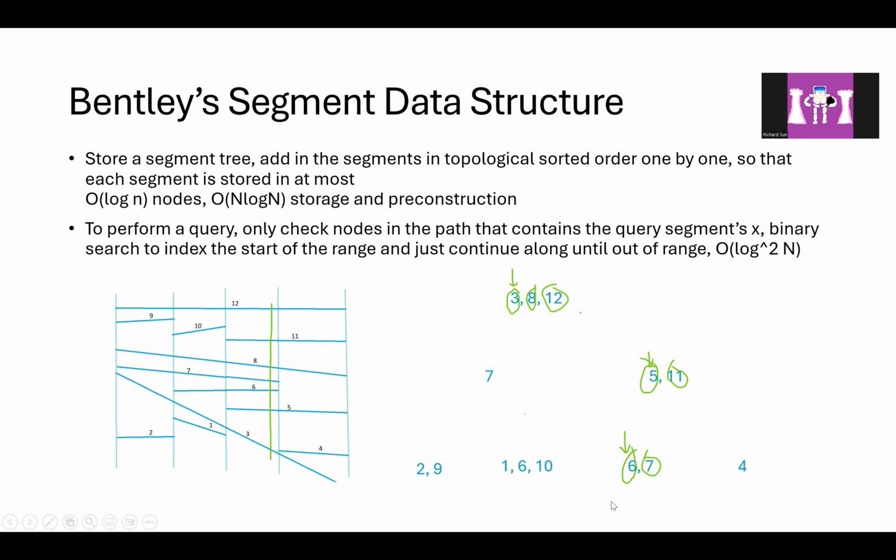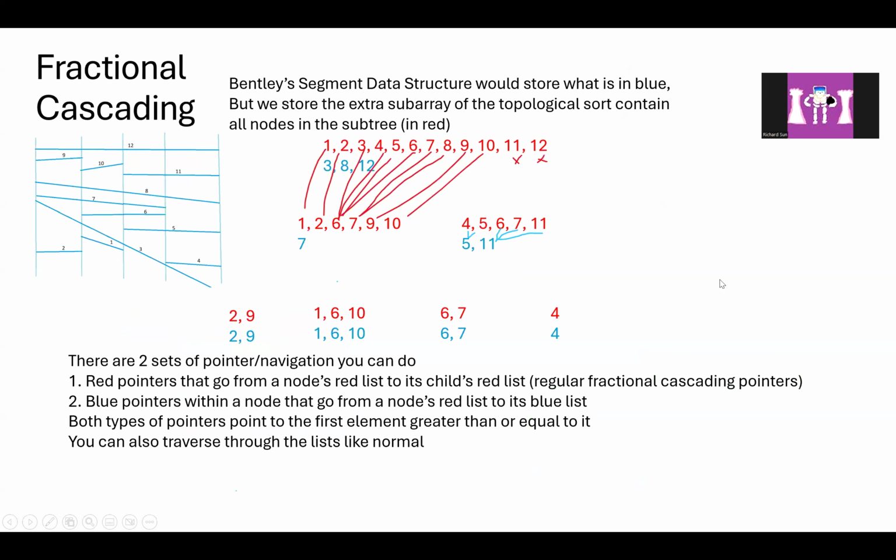On each of these nodes, you binary search for the first segment that intersects, and then you go from there. So for each of these log n nodes, you have to perform a log n binary search, so that's a total of log squared n for a query.